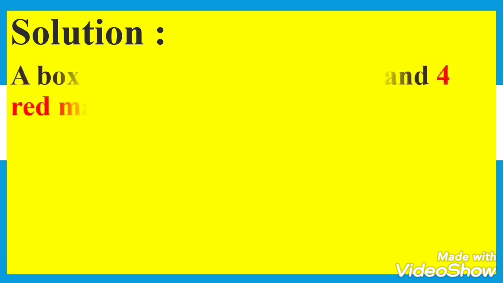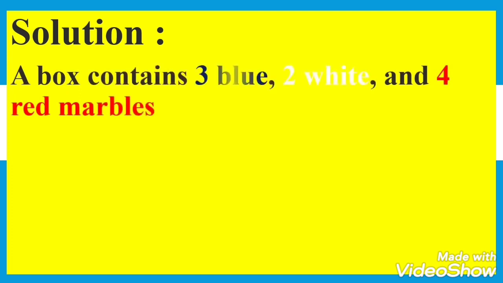The solution. Before we find the probability separately, first we need the total number of outcomes. Total outcomes means all the marbles of the 3 different colors. So how many marbles in total? 3 blue plus 2 white plus 4 red. 3 plus 2 is 5, and plus 4 is 9.